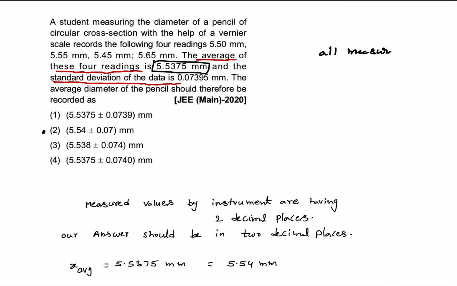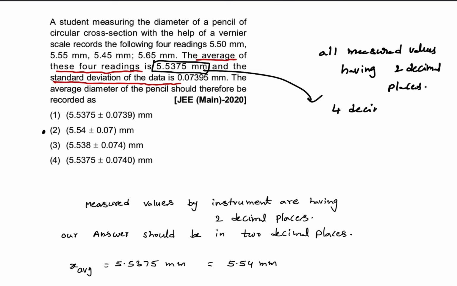But all measured values have only two decimal places, while our average value has four decimal places.